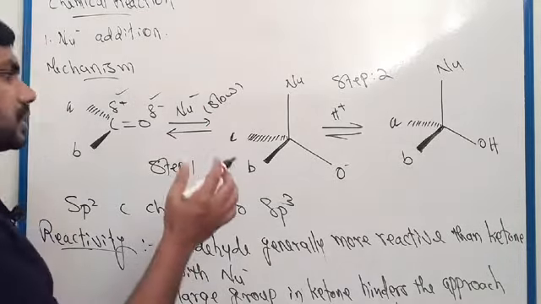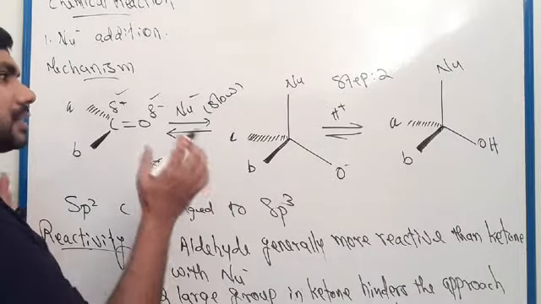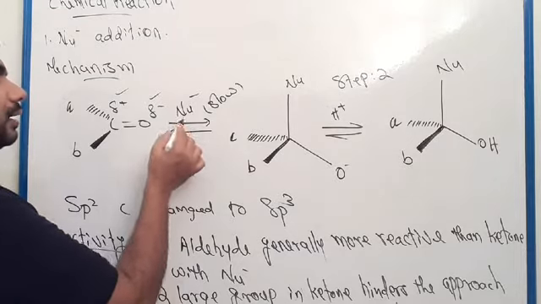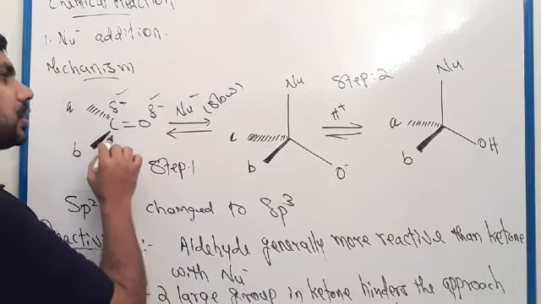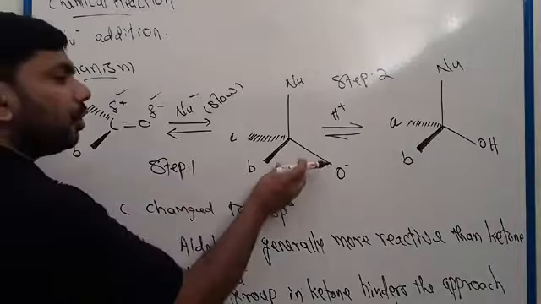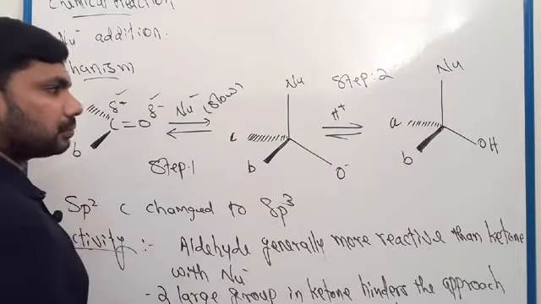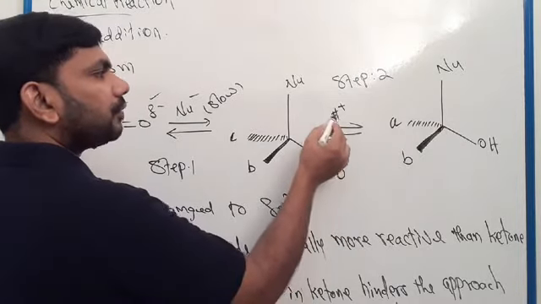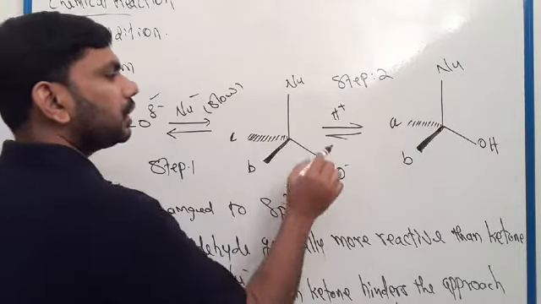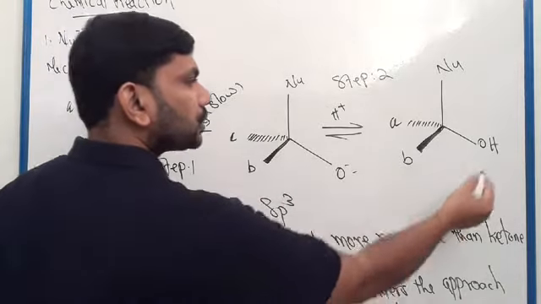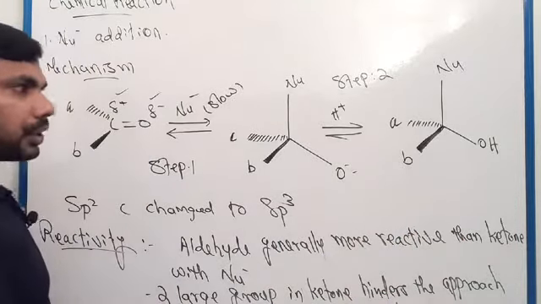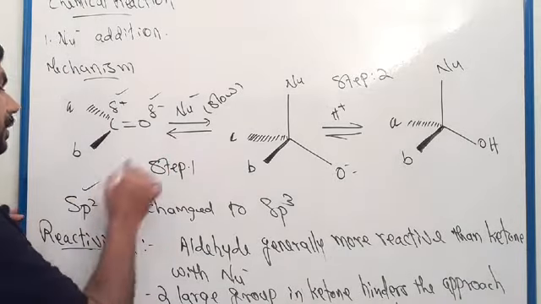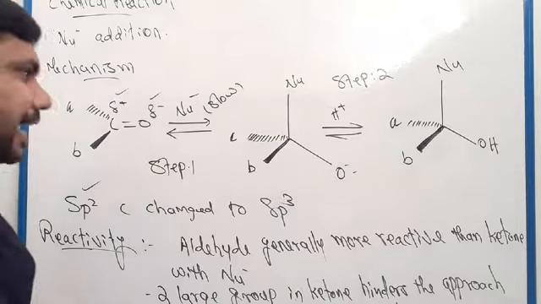So this is nucleophilic addition and this is the mechanism. In the first step, the nucleophile attacks the positively charged carbon atom and forms a tetrahedral structure. In the second step, after acidic hydrolysis, this O- changes to alcohol. The carbon-oxygen double bond is sp2 hybridized, with more s character.